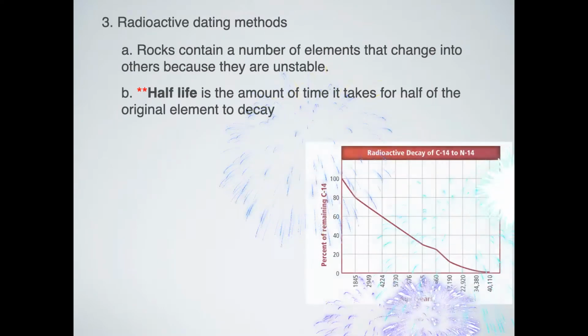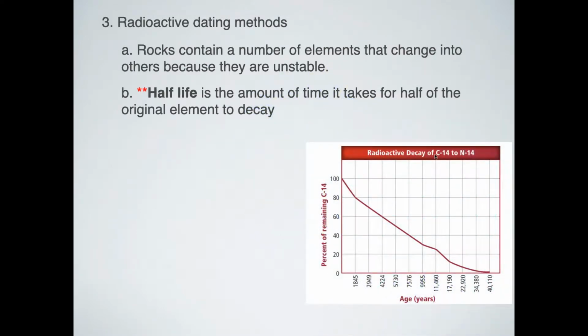For something like carbon 14, this is what a curve for the percentage remaining of carbon 14 looks like, and how old that item would be. Carbon 14 turns into nitrogen 14 through beta decay.